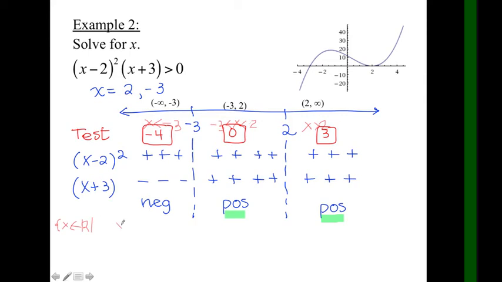X is greater than negative 3, but less than 2. Or, that is x greater than 2. Okay? So, yun yung ating set.